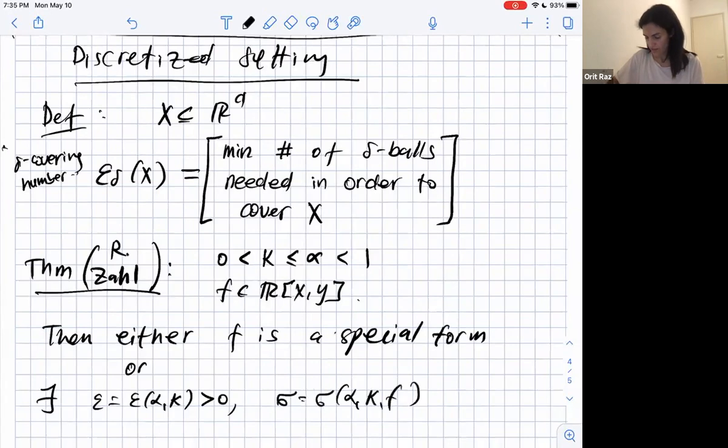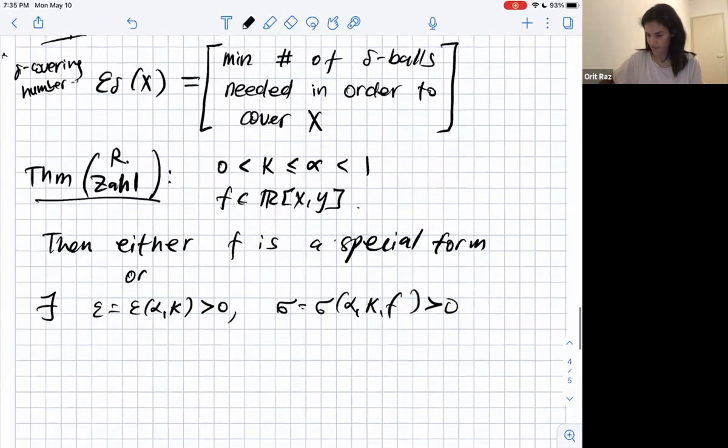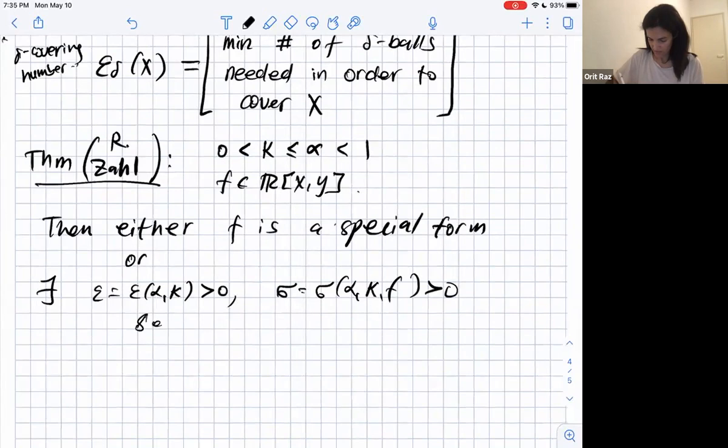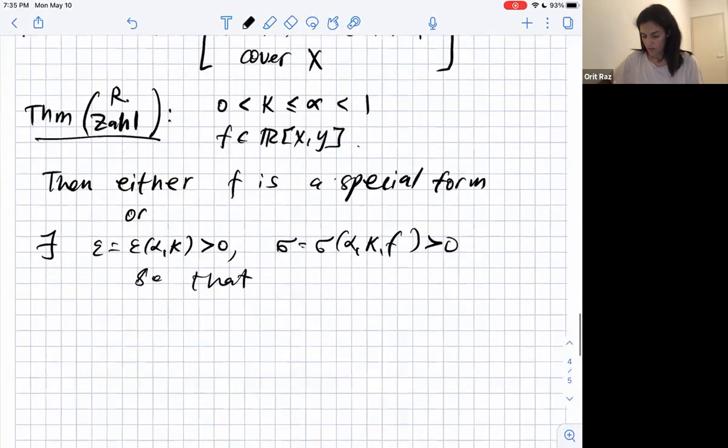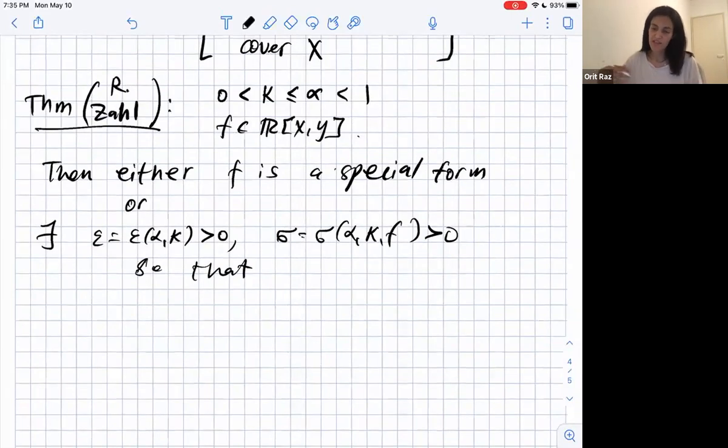You can ignore all these parameters. So that if delta is sufficiently small, the following holds. And what holds is this.